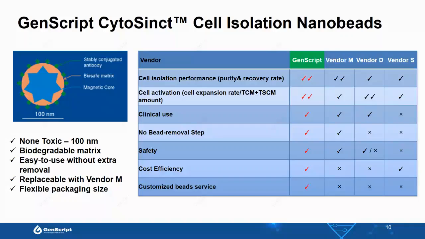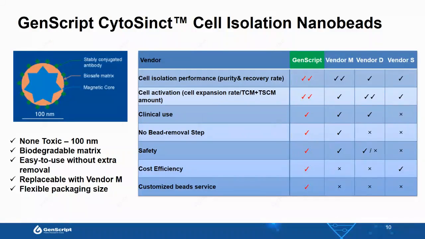Specifically, let's take a closer look at our cell isolation beads. The left figure shows the specs for our cell isolation and activation beads. The size of our beads is around 100 nanometers, and the whole matrix is non-toxic and biodegradable. The right table is a side-by-side comparison between our cell isolation beads and other vendors' beads. We can see that our bead cell isolation performance is comparable with Miltenyi, but more economical.